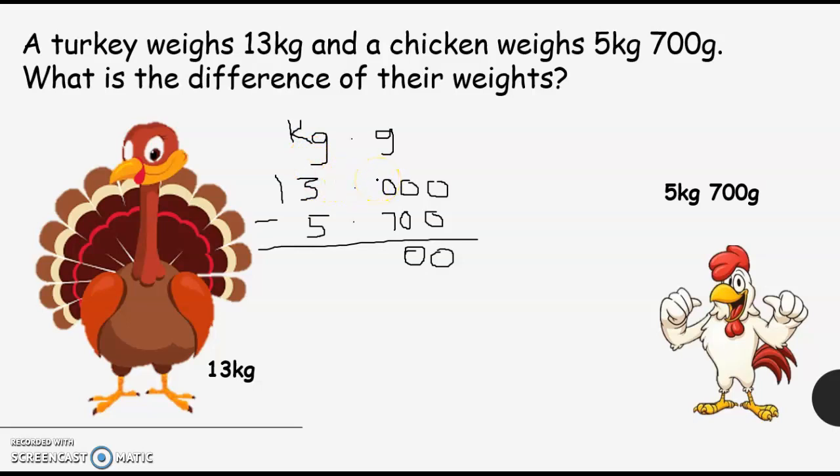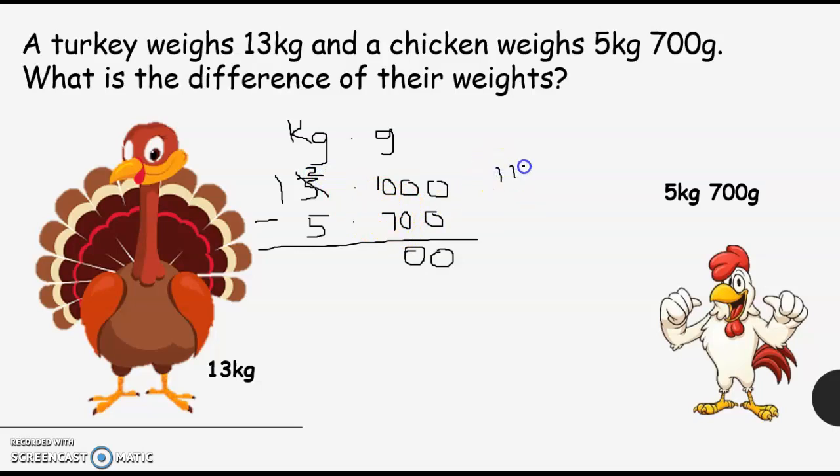So I borrow 1 from the kilogram and place it here. Here becomes 10, technically 1,000 grams. But however, I'm working with 10 grams minus 7. Remember, if I have borrowed 1 from here, this place is going to reduce to 2. So let's take note of that. That's the rule.